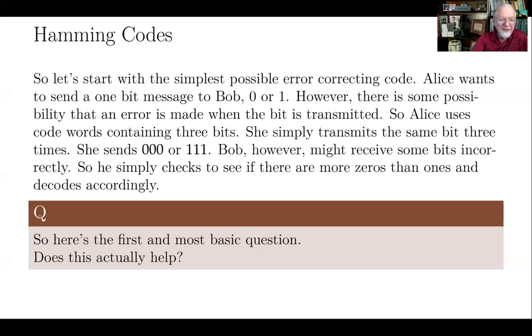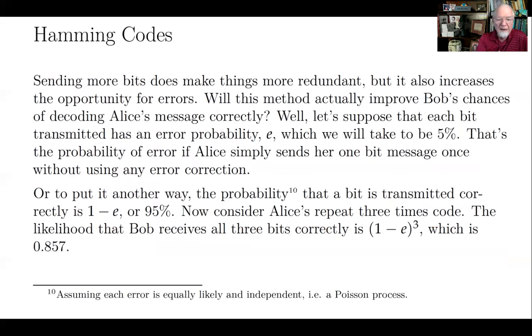So does this actually help? It certainly does make more redundancy, but it also increases the opportunity for errors. Will this actually improve Bob's chances of decoding Alice's message correctly? Well, let's suppose that they're in a symmetrical channel that we've talked about previously with an error E, and we'll call it 5%.